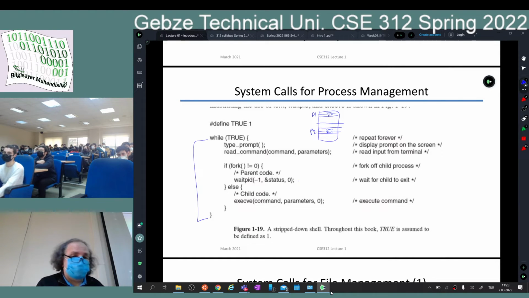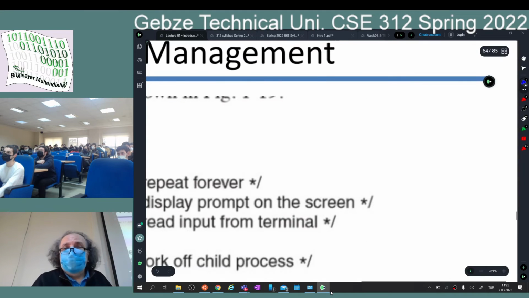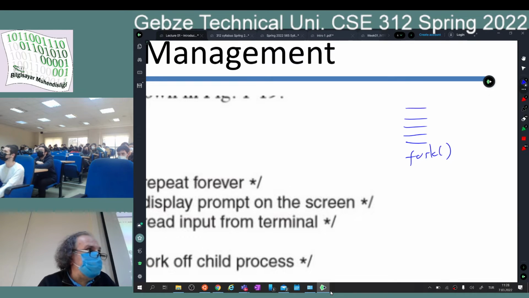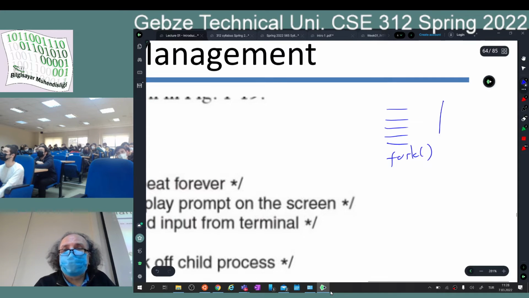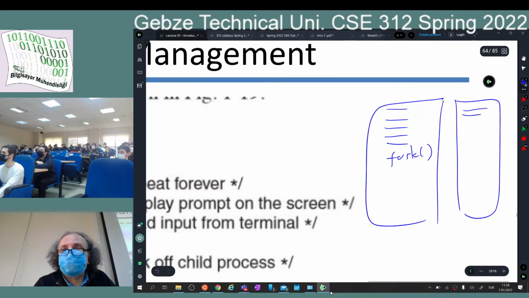There are two processes, right? I executed something. I called fork. As soon as I called fork, now I have exactly the same process, and they will continue running, okay?